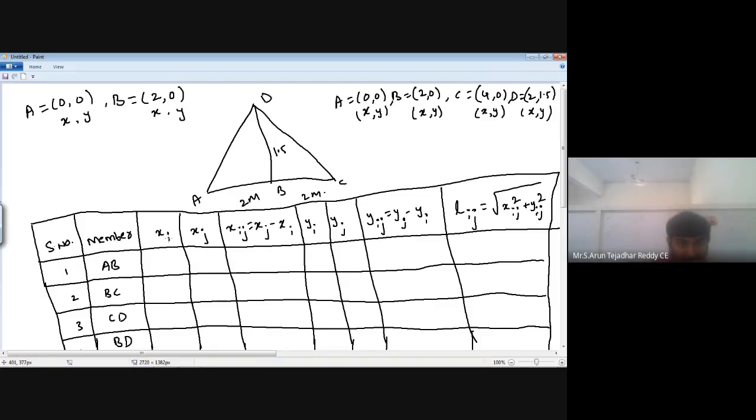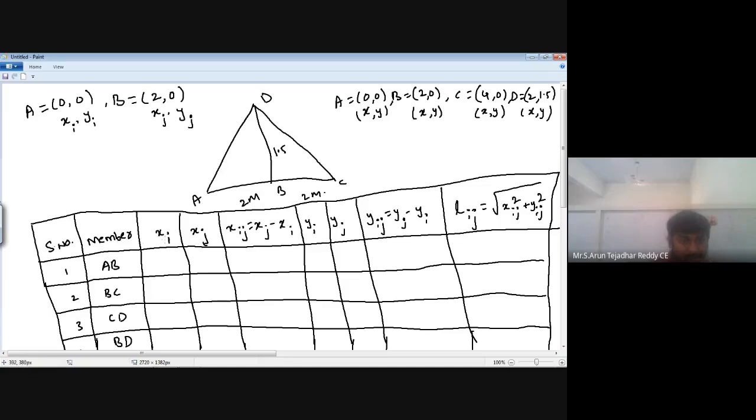See here xi, xj, yi, yj. It's very simple. Just to indicate x and y, it means xi, yi, xj, yj.